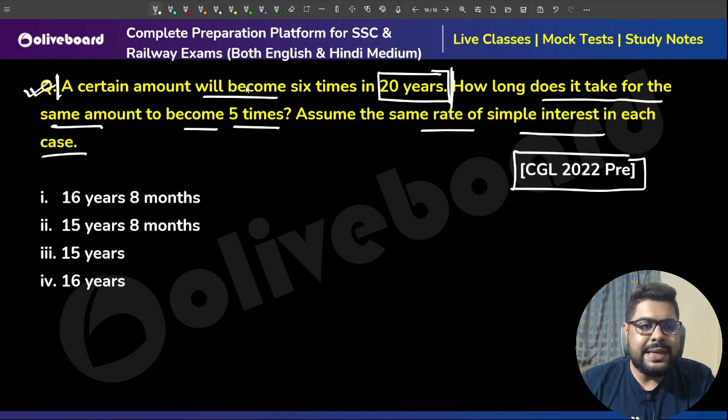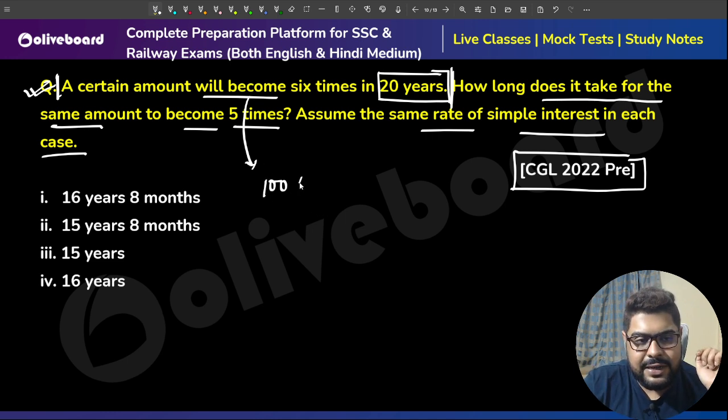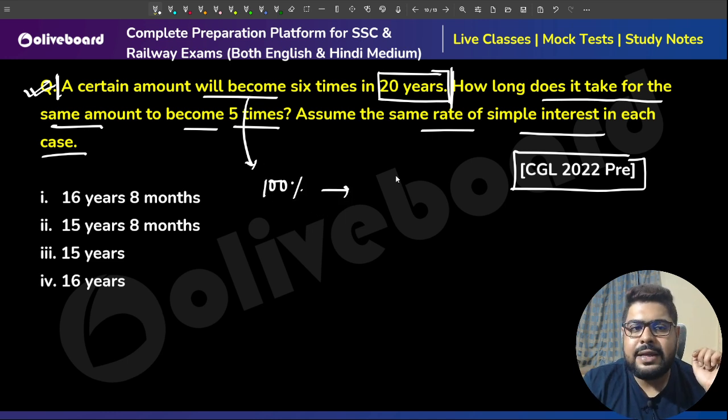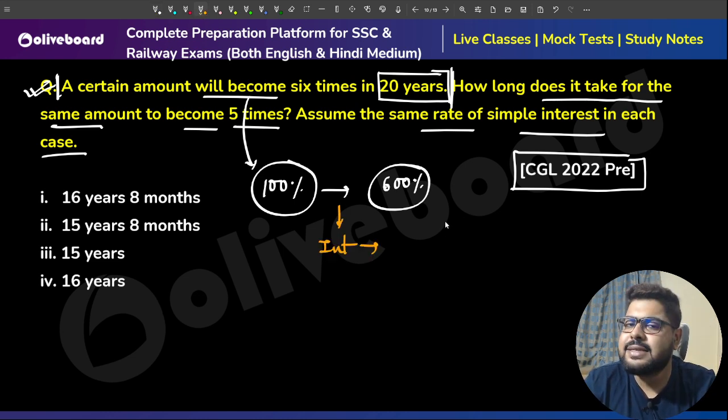So let's see, 6 times means what, sir? 100% is becoming 600%. Now, directly you can say, sir, interest is 500%.